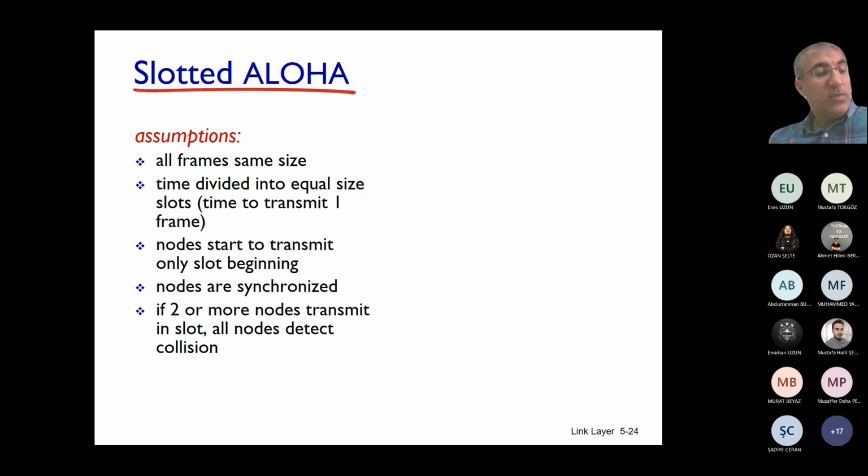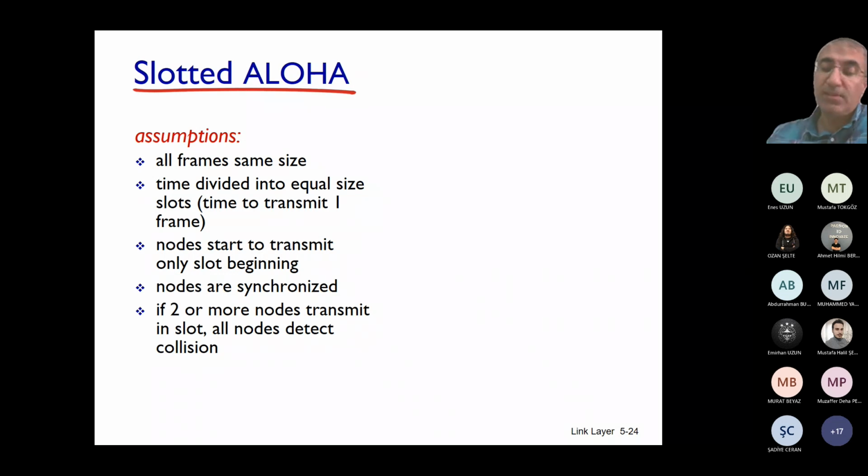In each slot, we transmit one frame, and nodes can start to transmit only at the slot beginning. We also assume that the nodes are synchronized. If two or more nodes transmit in a slot, all nodes detect the collision.